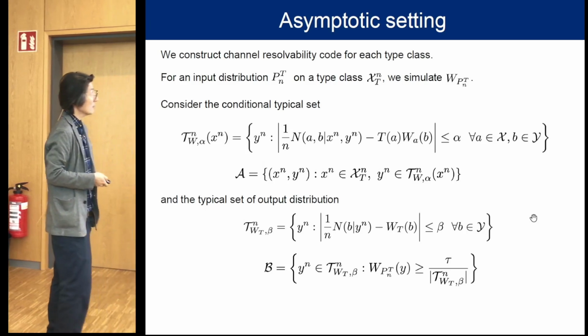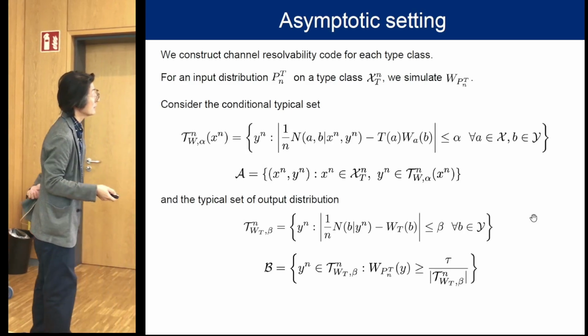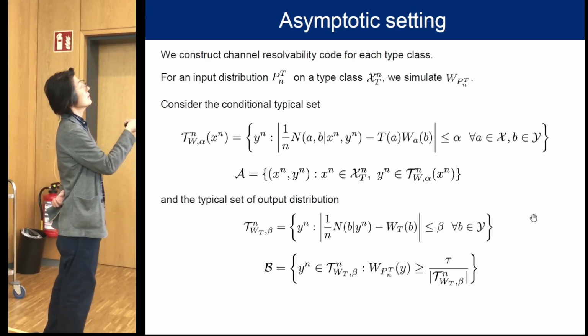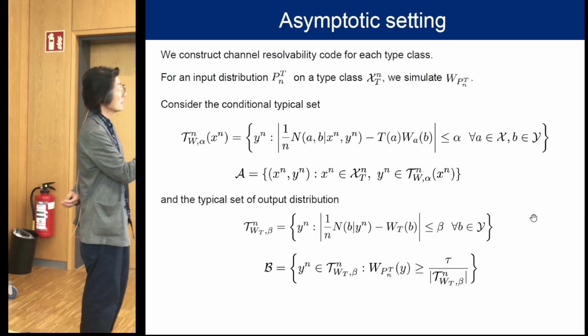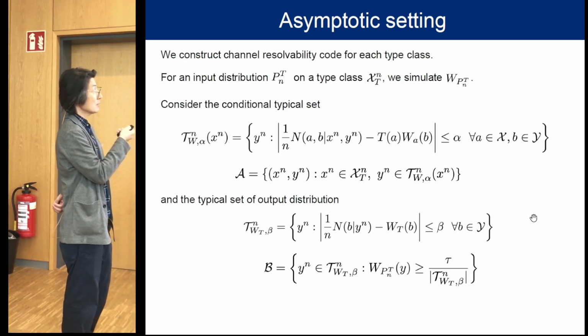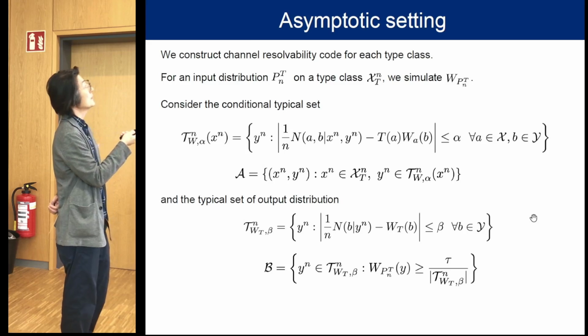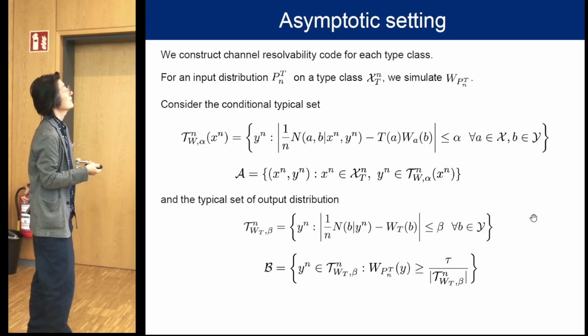And for the asymptotic setting, we have to do a little bit more complicated thing. So we construct a channel resolvability code for each type class. Here T is a type, and for some input distribution P_T on each type class, we simulate some output distribution WP_T.